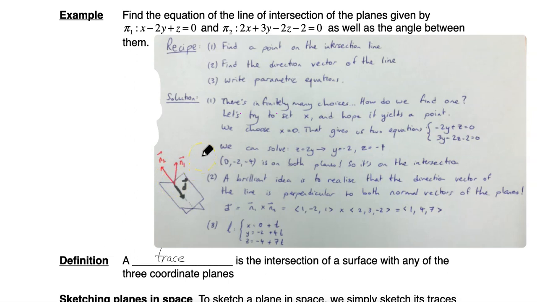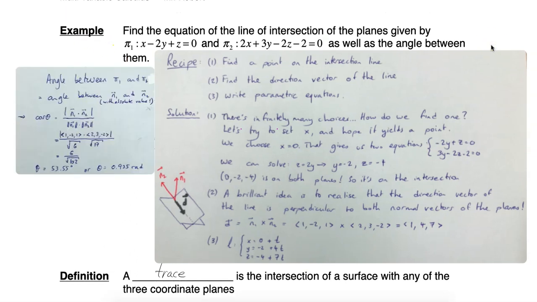The direction vector is perpendicular to both of these vectors, because the direction vector must belong to each plane. So by definition, it's going to be perpendicular to the normal vectors. By using the cross product, we get a direction vector. So D equals n1 cross n2, and we find (1, 4, 7). From here, it's very easy to solve the problem.